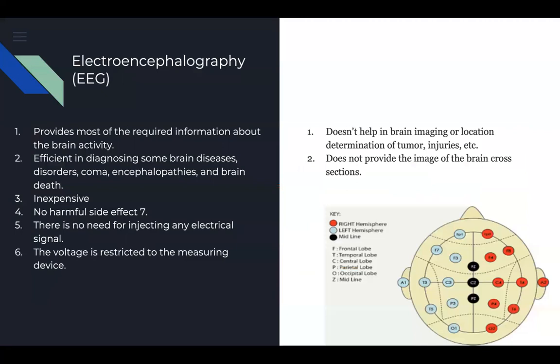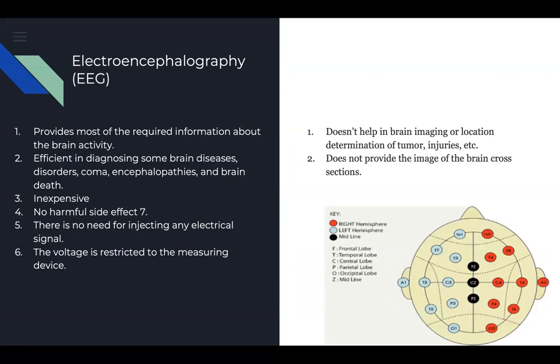Now let's move to the next. It is EEG. These are the technologies we use as a BCI to get the brain information.